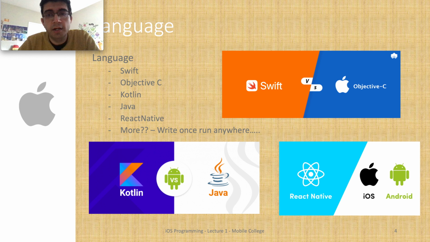The other big thing is that Apple has started providing all the documentation of their newer APIs only in Swift and not in Objective-C, which means that if you really want to use Objective-C, and you can, there are bridges, Swift to Objective-C and Objective-C to Swift, both available. Using those bridges, you can invoke one language from the other.